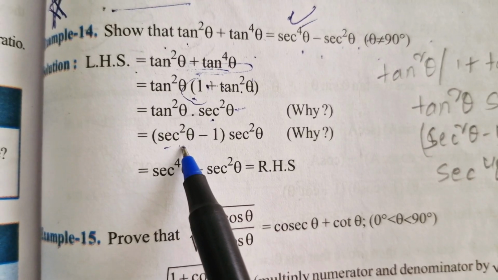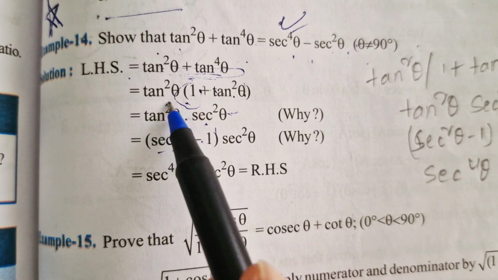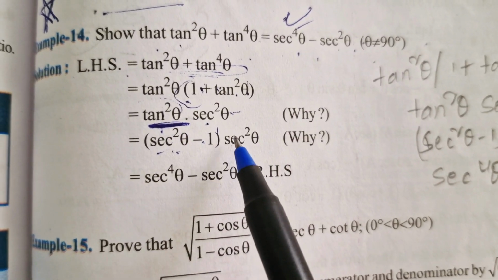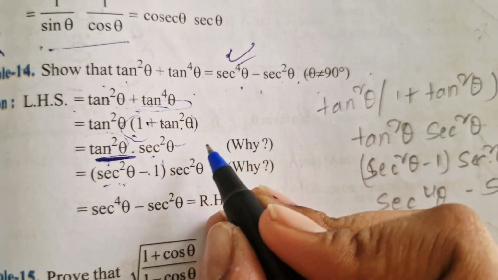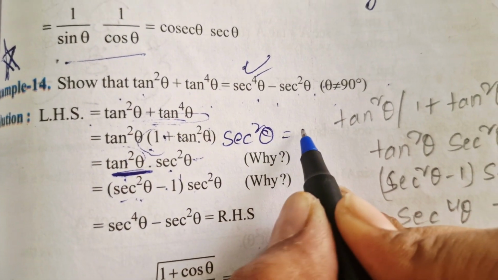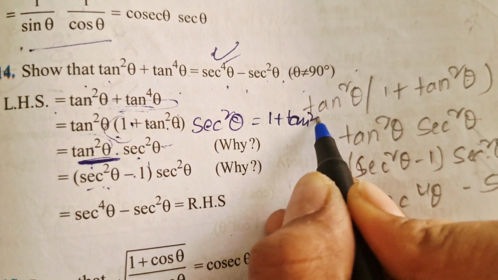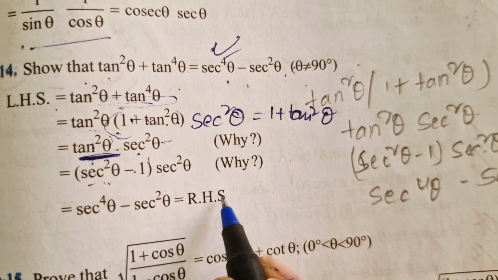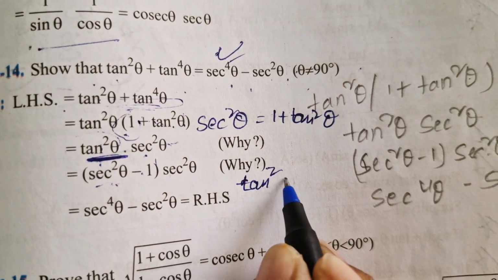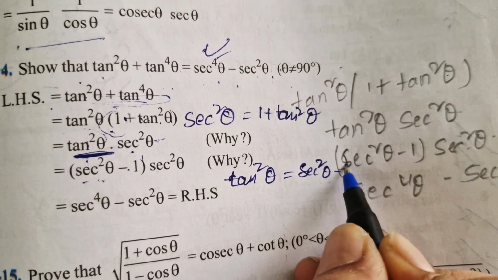So tan square theta, here we can write it as secant square theta minus 1, which is an identity. Wait, let me write this identity so that you won't get confused. Secant square theta is equal to 1 plus tan square theta, and tan square theta is equal to secant square theta minus 1.